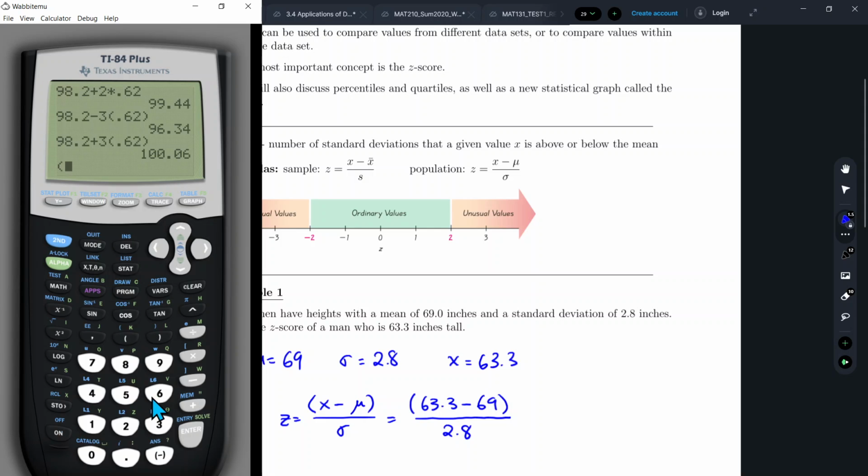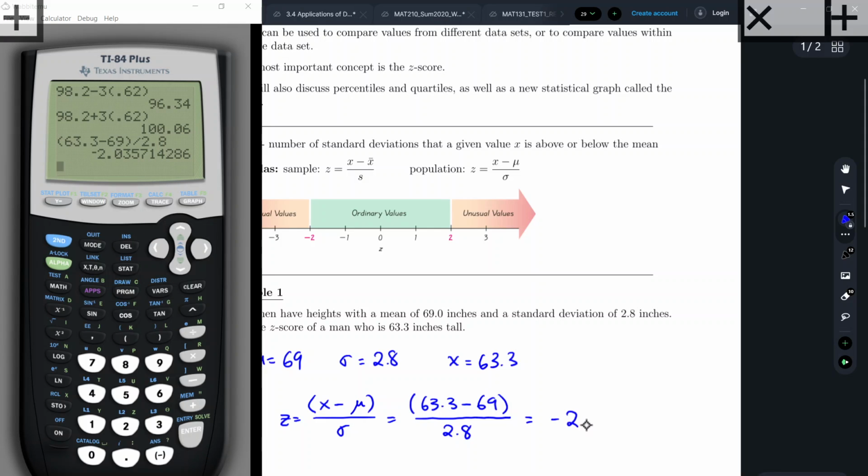Okay, so let's calculate: (63.3 minus 69) divided by 2.8. And we get a z-score of -2.0357.